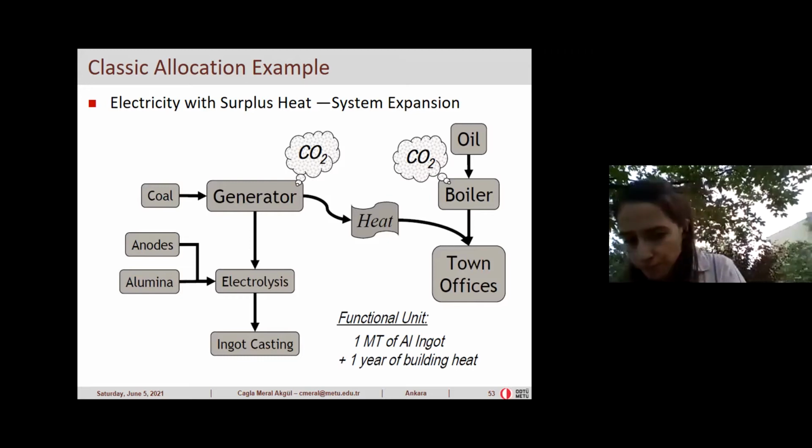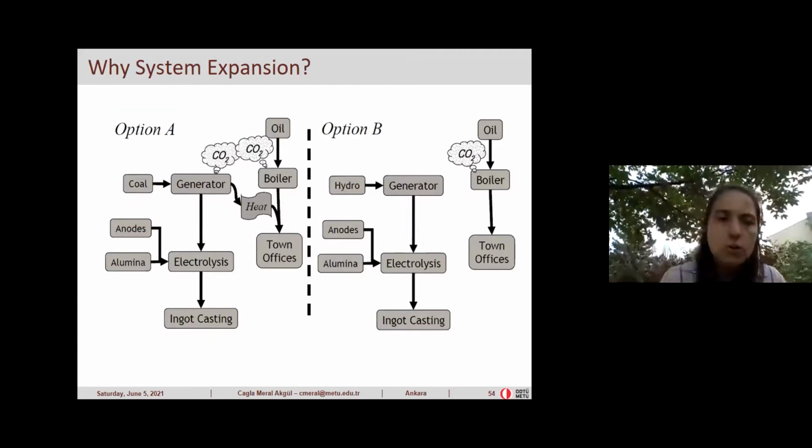Yani bizim plant A'mizden çıkan atık ısıyla etraftaki evleri ısıtalım. Sistem bu. Ve functional unity'miz de şu: 1 milyon ton aluminium ingot and 1 year of building heat. These are two different flows and two different functional units. 1 million ton of aluminum ingot and 1 year of building heat. So how are we going to combine this? There are two options.